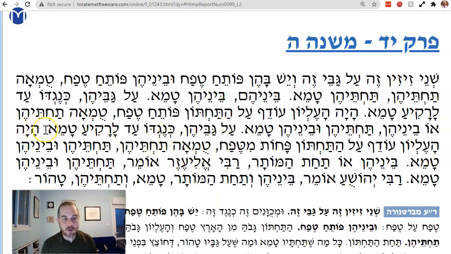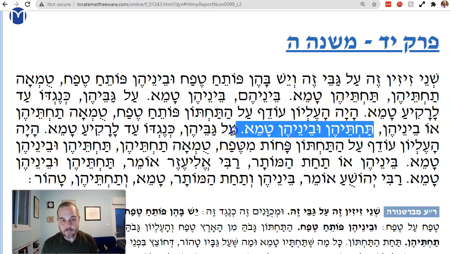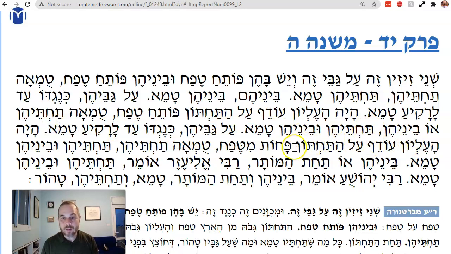But that's what the Bartenura says. Tachtehem u'beinehem tamei, it's all mixed. But if the protrusion of the upper one over the lower is less than a tefach, then if there's tumah under them, tachtehem u'beinehem tameh, under them and between them are tameh.